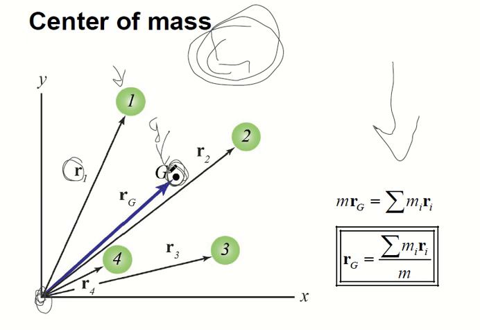We can make any kind of symbol to represent any variable, so do not confuse. Even if we use G, don't assume that's the center of gravity. No, in this example, symbol G is used to identify center of mass.